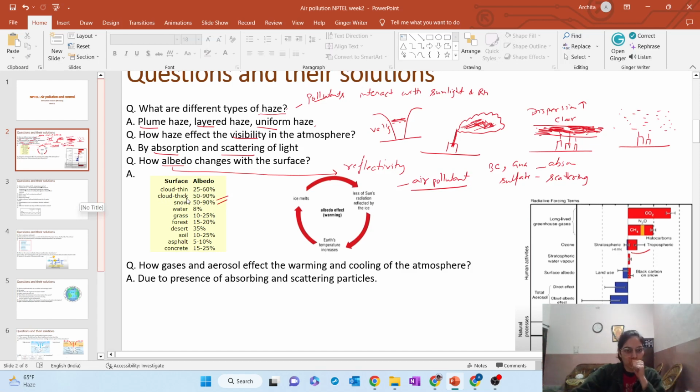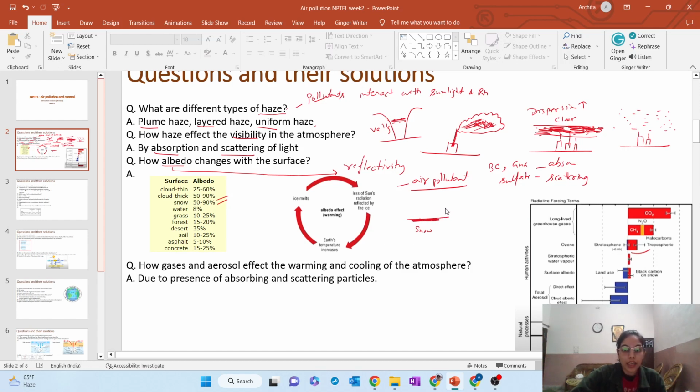For example, let's say snow. On a snow surface, if there is a deposition of absorbing aerosol, and one of the major absorbing aerosols is black carbon, on a snow surface which has a very high reflectivity of about 50 to 90%, then when a thin layer of black carbon gets deposited because of industries or vehicles or whatever, its albedo is reduced.